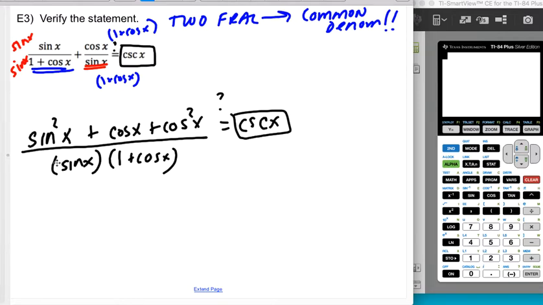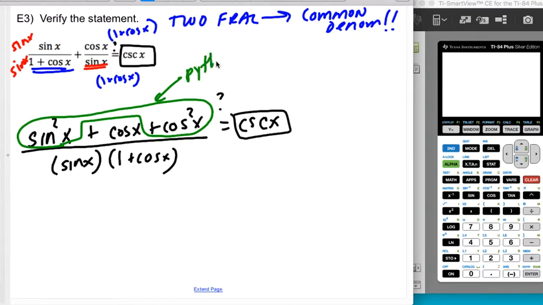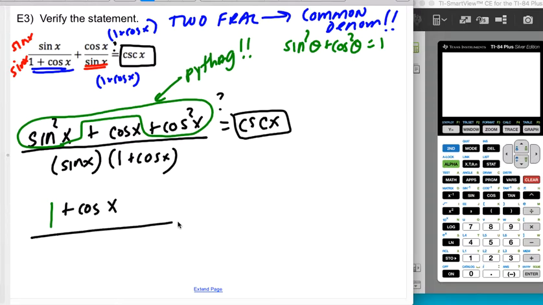So on the top, I noticed that I have a sine squared plus a cosine squared. They're not in order that way, but they're just being added to a cosine, and my brain says, oh, wait a sec, that's a Pythagorean identity. Sine squared theta plus cosine squared theta could be replaced with a 1. So I get 1 plus cosine x on the top, and on the bottom I get sine x times the quantity 1 plus cosine x.